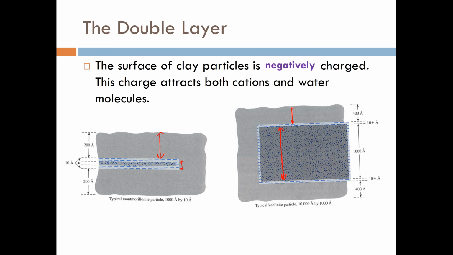So just so you might be curious, this guy on the left with the huge double layer is montmorillonite, and the guy on the right is kaolinite. And it governs, therefore, the behavior of what gets sucked into the clay and how that clay reacts, especially in the presence of water.